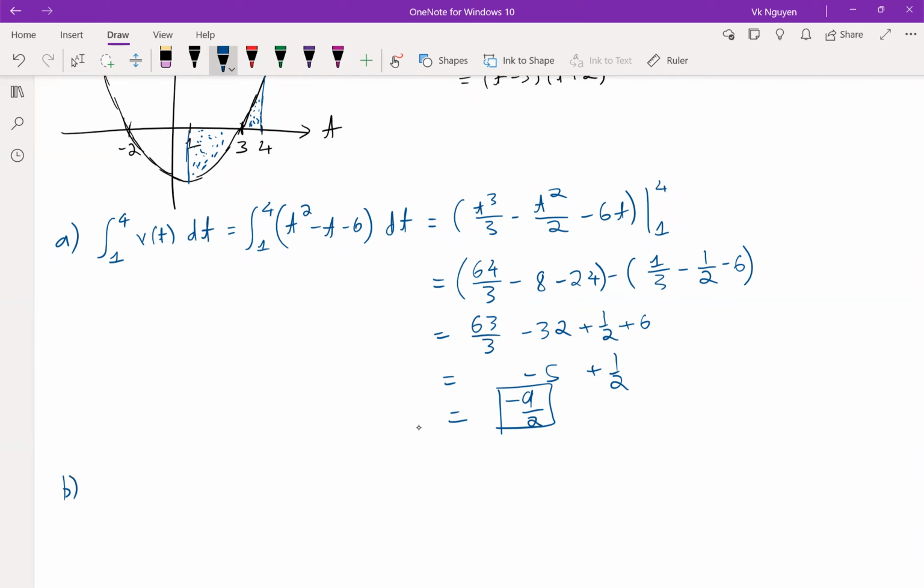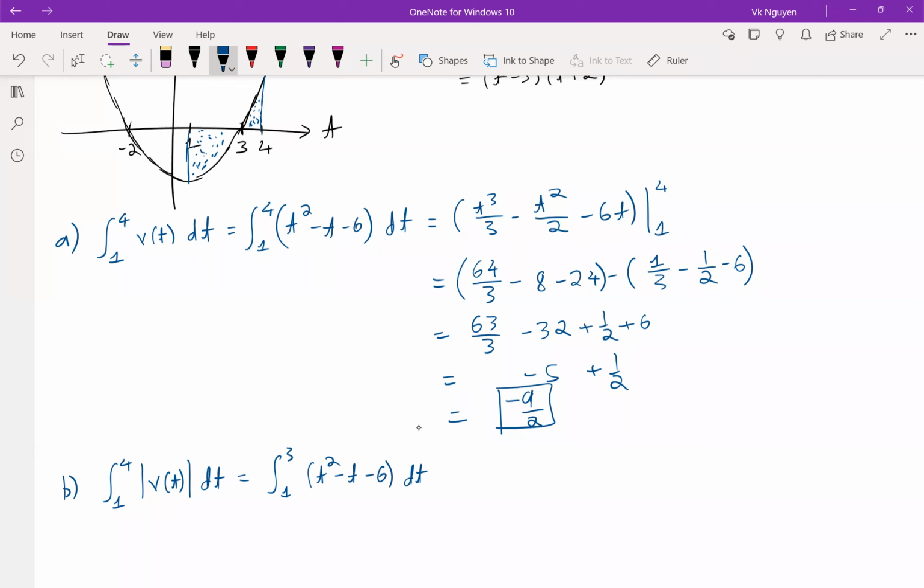Now let's take a look at the distance traveled. Distance traveled is the integral from 1 to 4 of the absolute value of velocity. Well, we have two areas, one below the t-axis and the other one above the t-axis. The area below the t-axis is the integral from 1 to 3 of t squared minus t minus 6 dt.